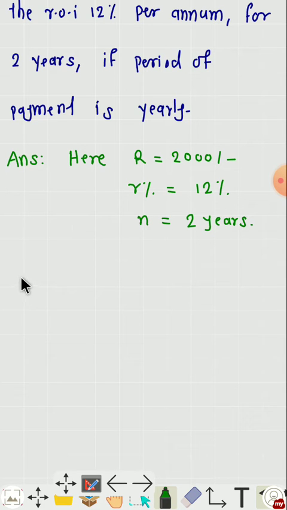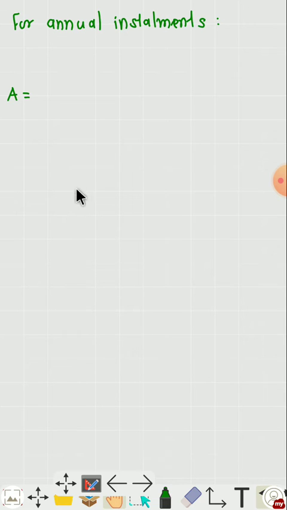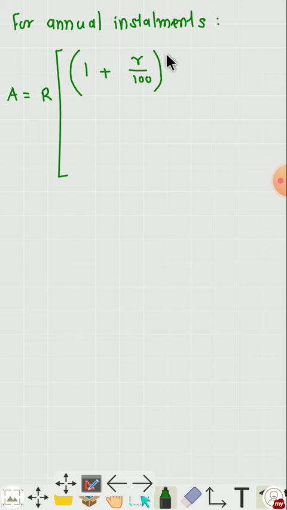In case of annual installments, we know that the formula for the amount, or maturity amount, A is given by A equals R times the bracket (1 plus r divided by 100) whole raised to the power n, minus 1, and whole divided by r upon 100.